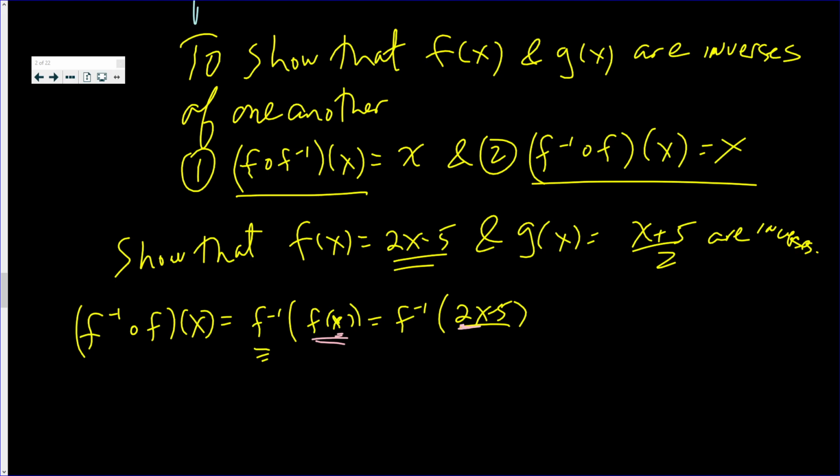That is, you doubled x and you took away 5. Now, f inverse is supposed to undo this. And the question is, do you get back x? Well, what is f inverse? Oh, excuse me. We called it g. I apologize. We called it g.